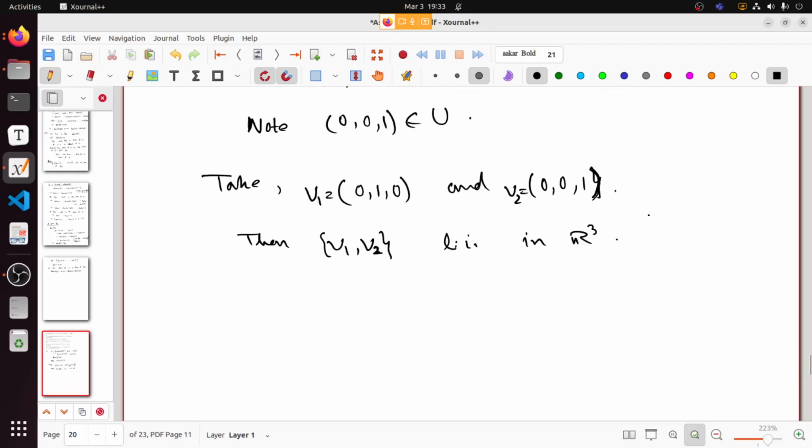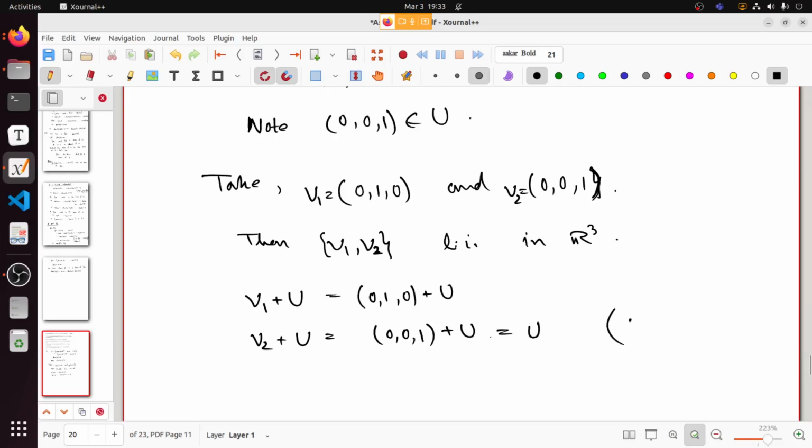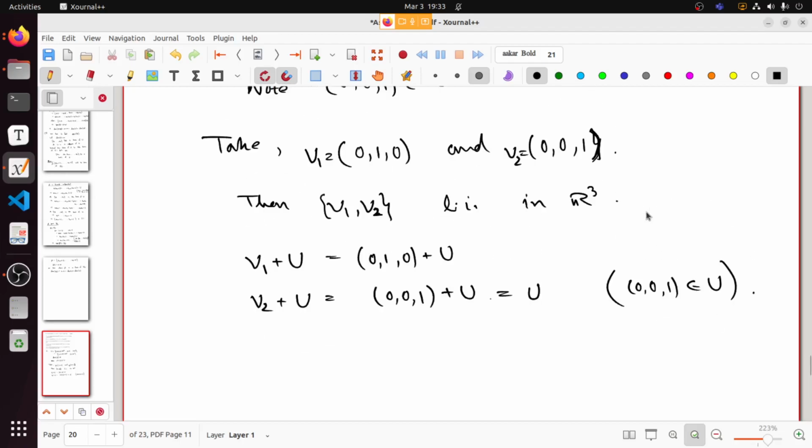And what will be the corresponding cosets? v1 plus U is (0, 1, 0) plus U, and (0, 1, 0) is not in U, so this is a nonzero coset. And v2 plus U is (0, 0, 1) plus U. So this is basically U, because (0, 0, 1) belongs to U, and this is the zero vector. So the corresponding set cannot be linearly independent. If 0 is contained in any set, the set is not linearly independent.